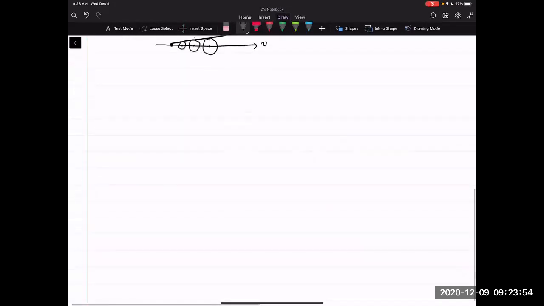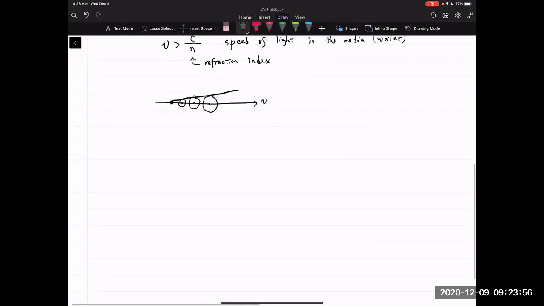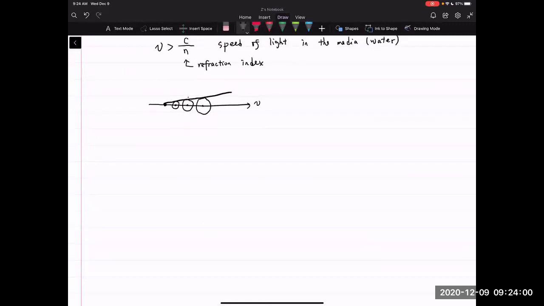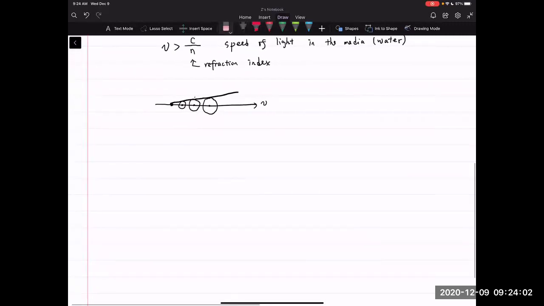So lastly, two things, given the stopping power, what we can do. One is the so-called range.